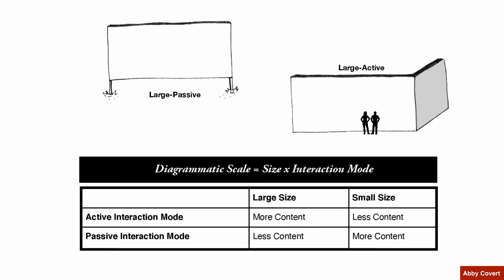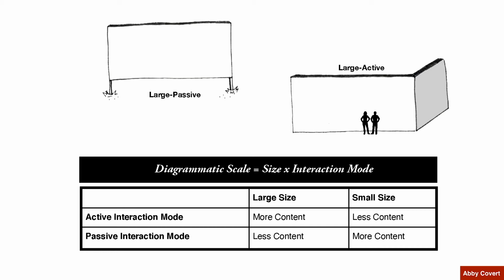There are times when the interaction mode of the space we are given or the plan for our diagram changes what the size means for what we can include. If, for example, we were designing a museum wall, we might have the space that's equal to that of a billboard. But our audience's relationship to that space has changed based on their expected interaction mode.